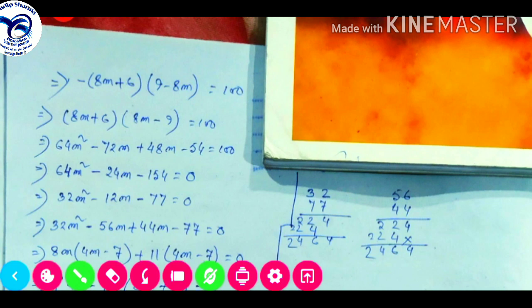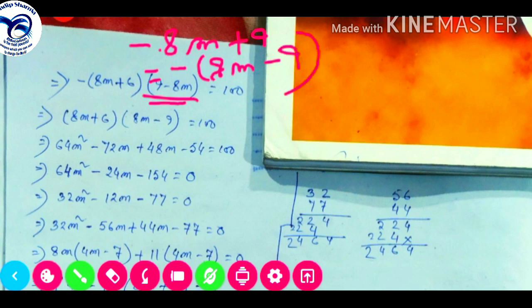In this portion, we are making 8m positive and 9 negative. For this region it will be like this: originally minus 8m plus 9. So this minus we take common, so 8m, and plus minus will be minus 9, so 8m minus 9.